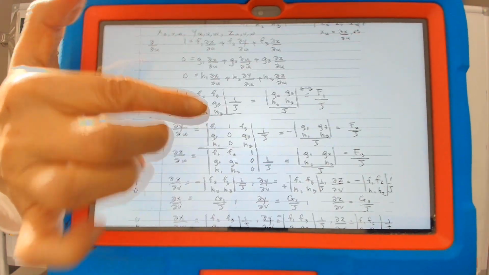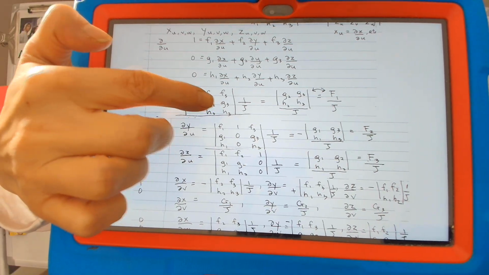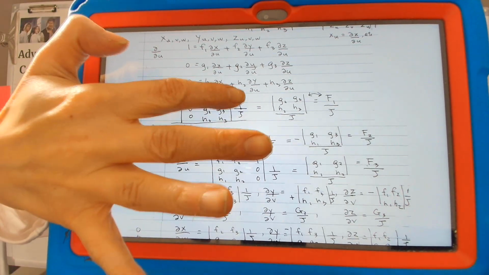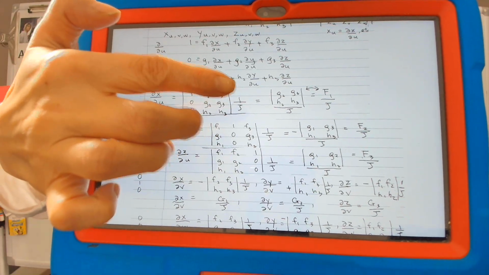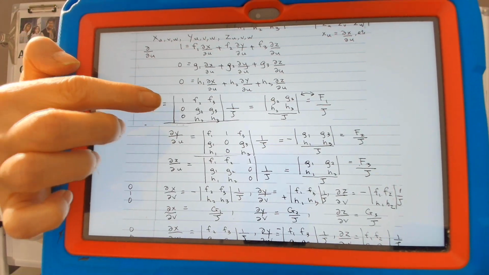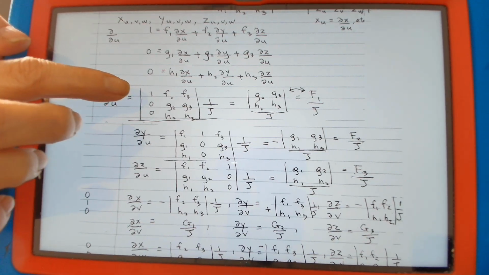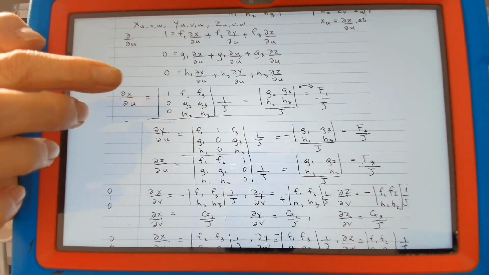The book calls that small determinant down here a cofactor. The book named the cofactor of this thing F1, because it comes from the original F1 here being replaced by 1. So it's called big F1 as a result.